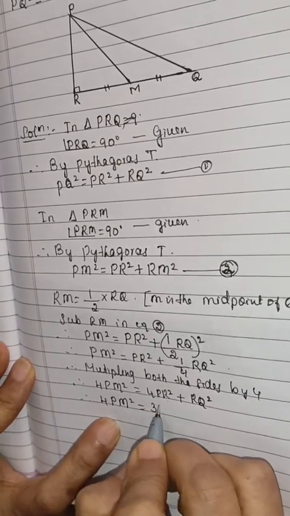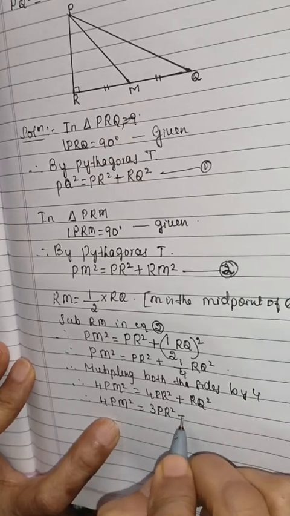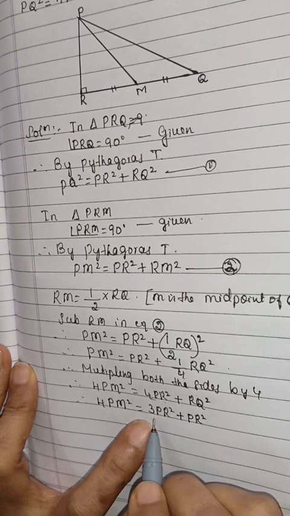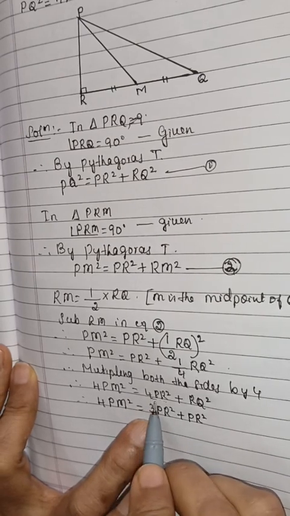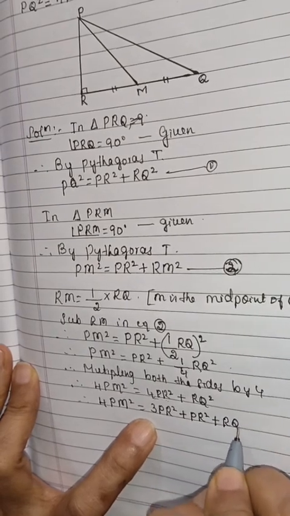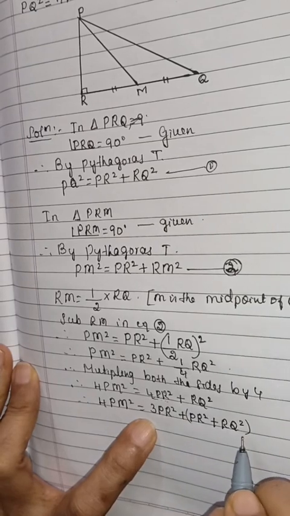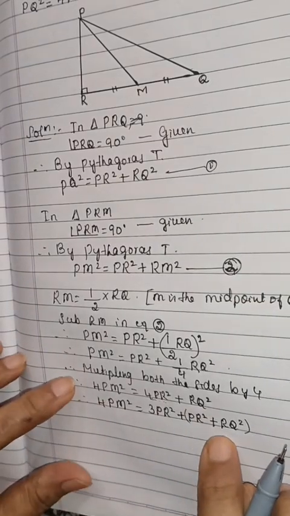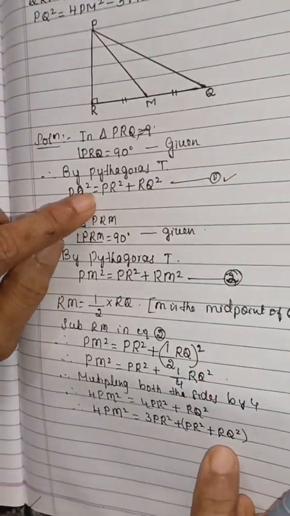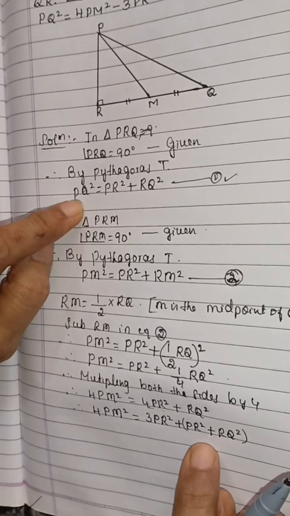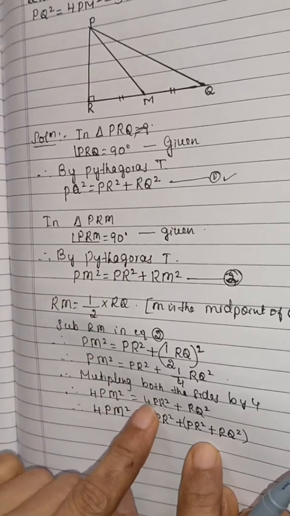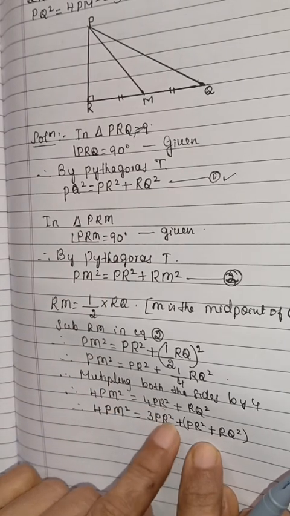Now we can write 4 PR square as 3 PR square plus 1 PR square, so 4 PM square equal to 3 PR square plus the bracket PR square plus RQ square, because PR square plus RQ square is PQ square. So we have to prove this.